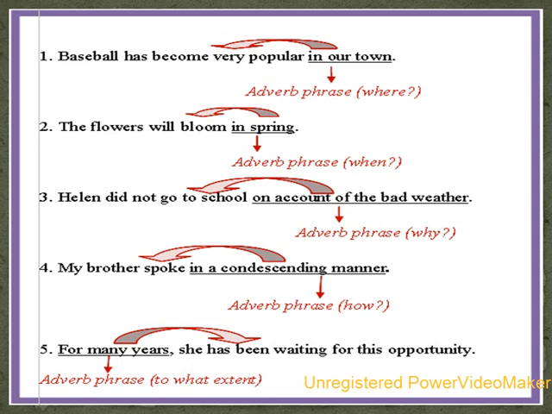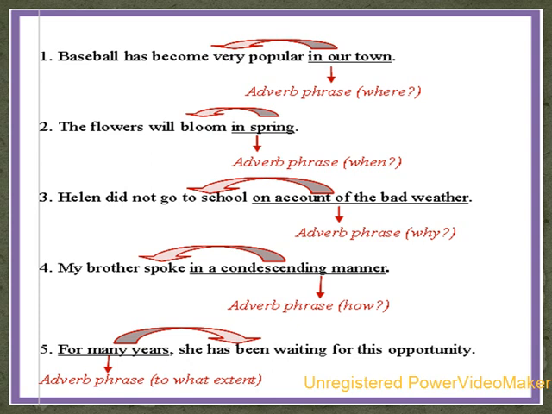Example number 3. Helen did not go to school on account of the bad weather. So here we are talking about why, the reason: on account of the bad weather. That is why Helen didn't go to school. Example number 4. My brother spoke in a condescending manner.